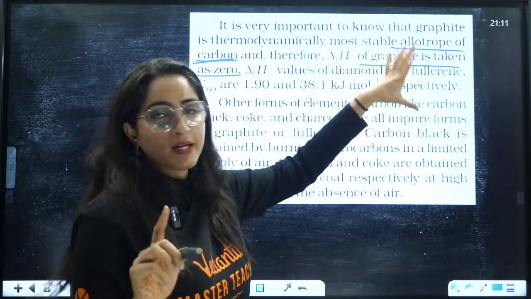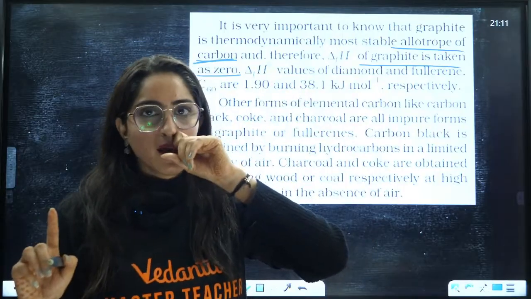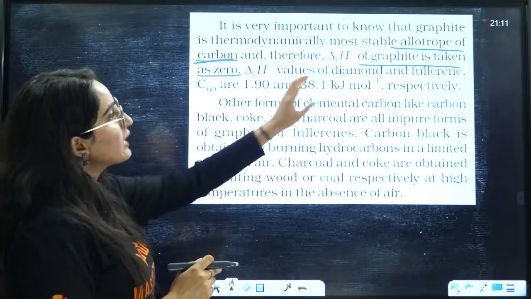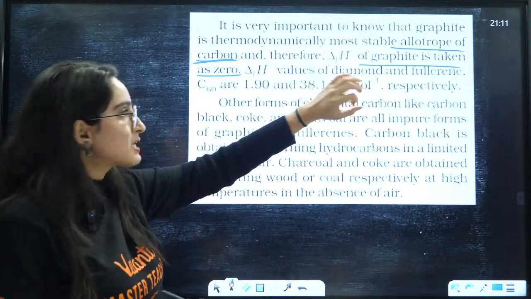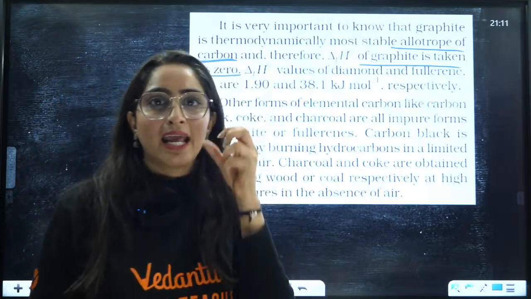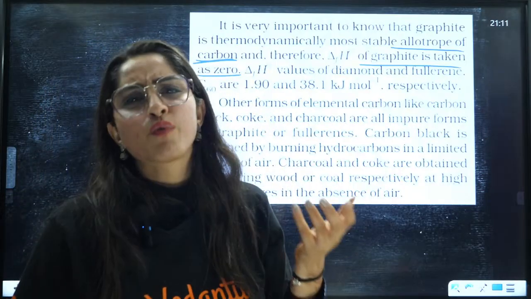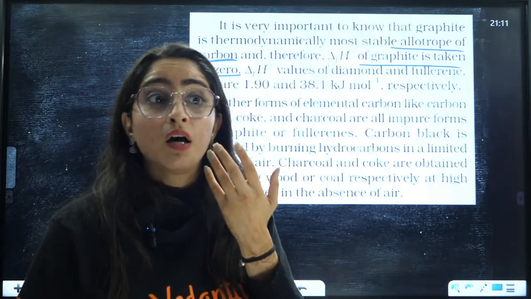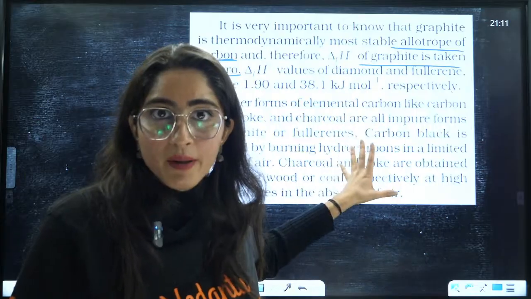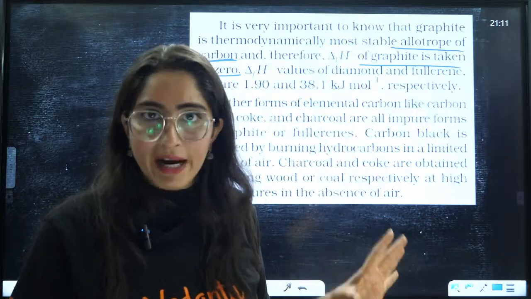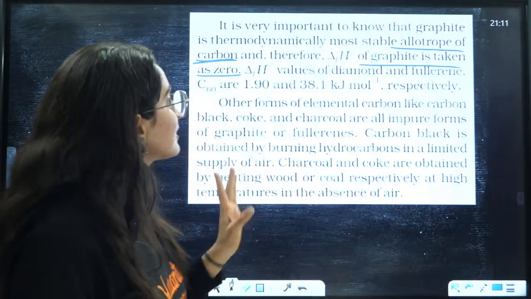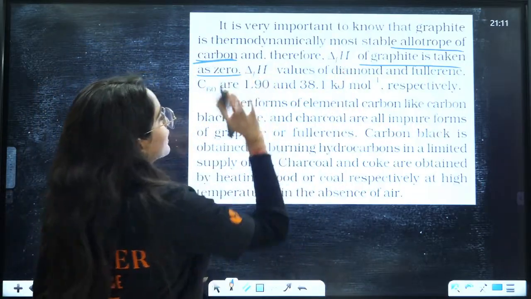This particular statement is used in thermochemistry: which allotrope is more stable? Graphite is more stable. That is why the delta H formation of graphite is taken as 0. Like in phosphorus also we observe which is the elementary state. Similarly, carbon has the elementary state as graphite, right? This is a very important point that I have discussed in thermochemistry. That is why the delta H formation is taken as 0.